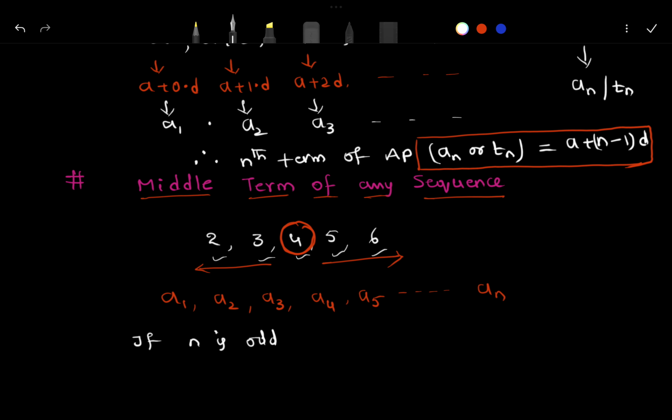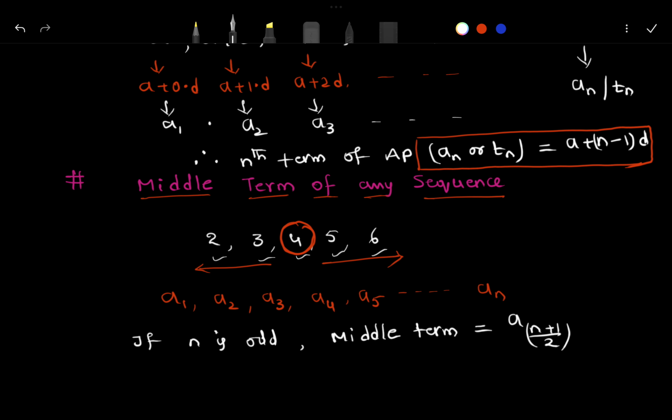So if n is odd, the middle term will be a with suffix n plus 1 by 2.